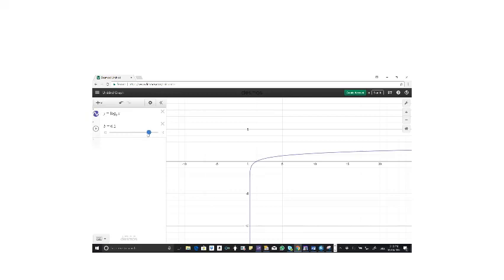If we go the other direction, with b values between 0 and 1, the graph goes the other direction. It's almost similar to what happened with our exponential functions.